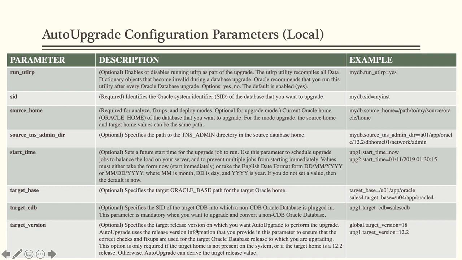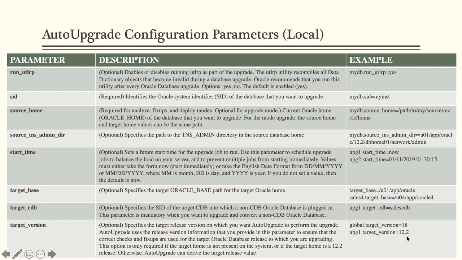Especially this is important. When using a single config file, you can upgrade 11G to 12.2, 12.1 to 18C, and 12.2 to 19C. Multiple complex upgrades you can run through a single config file. In that case, you can say, okay, this particular database I am not planning to upgrade to 19C; this particular database I am planning to upgrade only to 12.2.